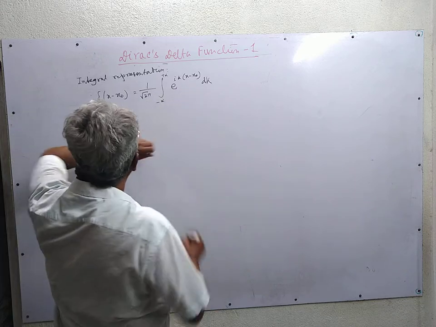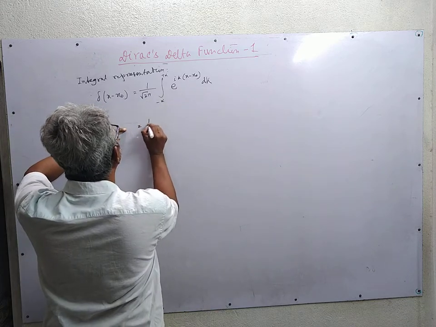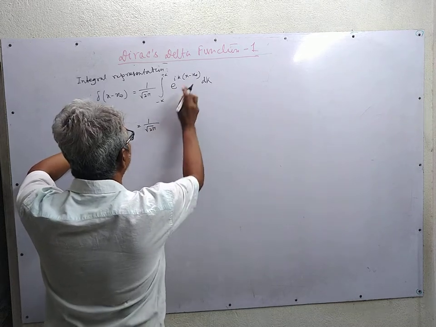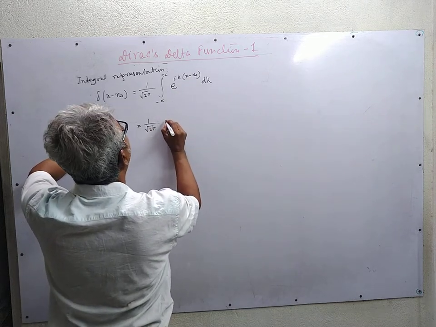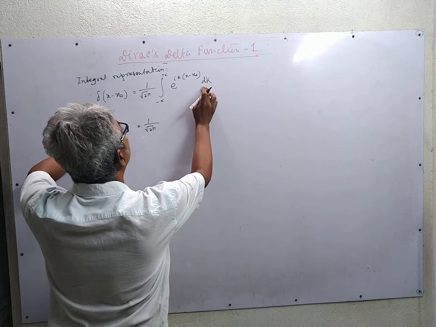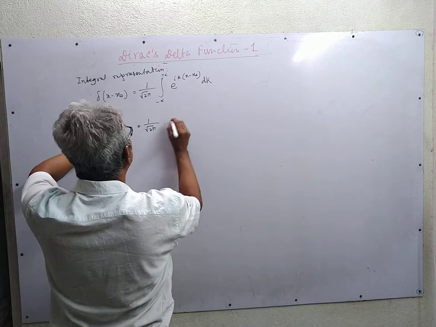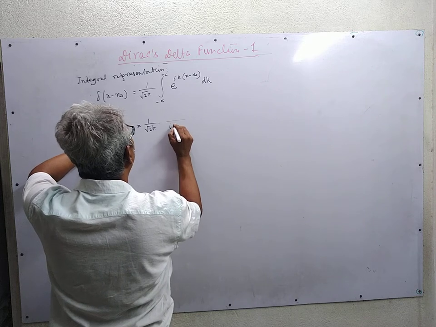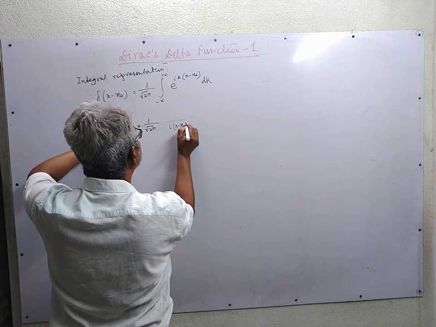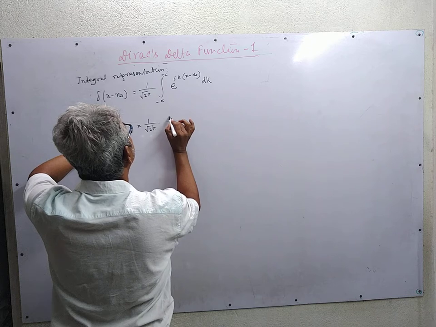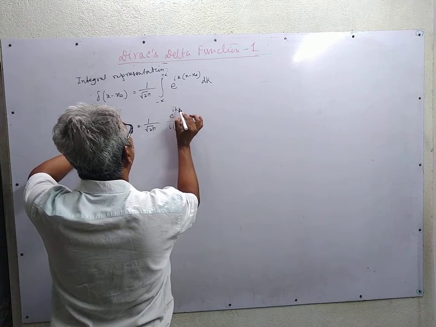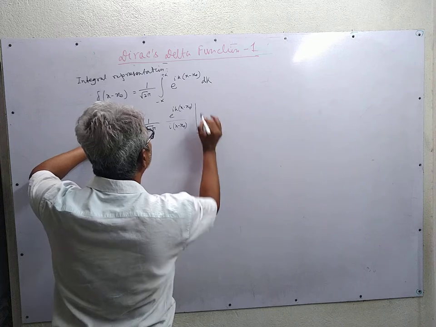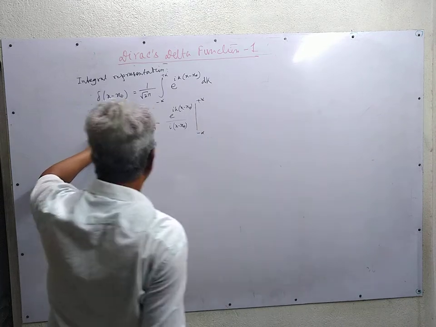If we perform the integration, then we will have 1 upon 2 pi, and then we have integrated over this k. So in the denominator we will have i times (x minus x0), and we have e to the power i k (x minus x0) integrated.